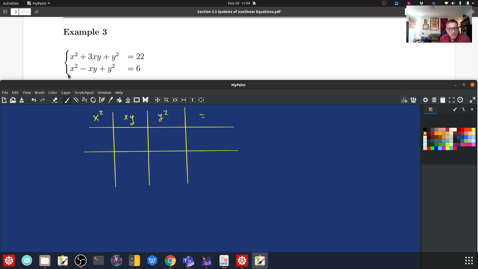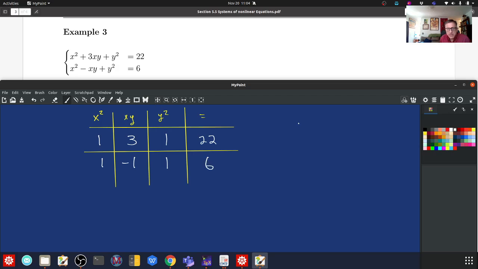So my first coefficient for my x squared term in row 1 is a 1, and a 3, and a 1, and a 22. Down here I have a 1 and a minus 1 and a 1 and 6.